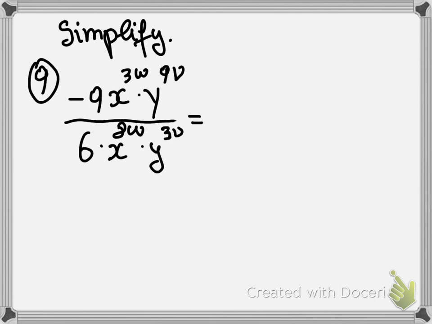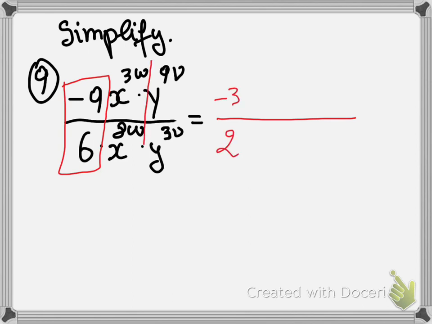So here's another example. We're going to simplify. So we're looking at negative 6 and 9. That simplifies into negative 3 and 2. Then we're looking at powers of x. I'm going to do this over here.